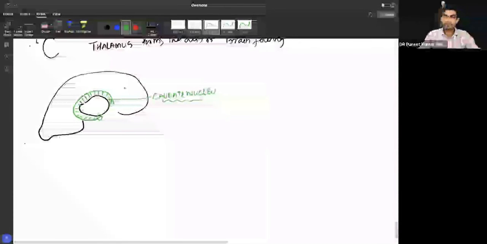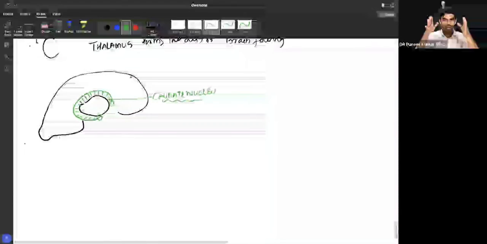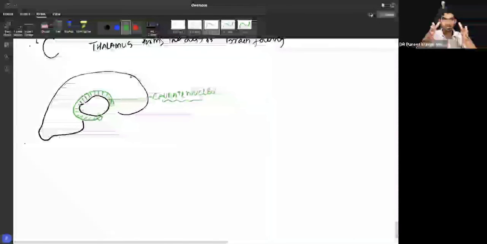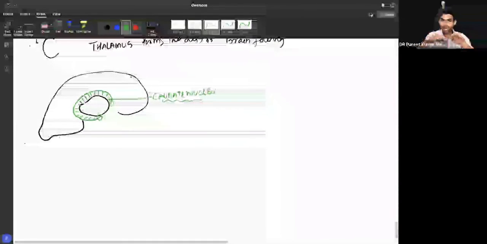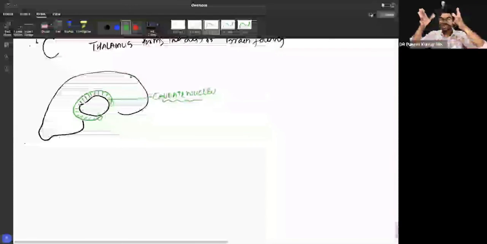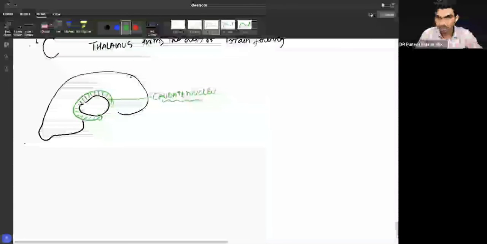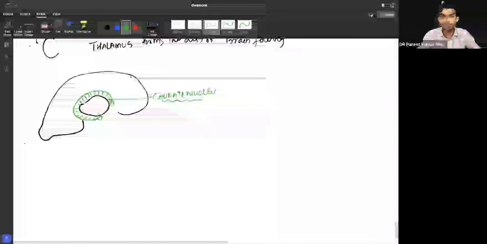Now, look, both the hemispheres of the brain are joined by some axonal fibers, and these axonal fibers are called the commissural fibers. Commissural fibers join the cerebral hemispheres.